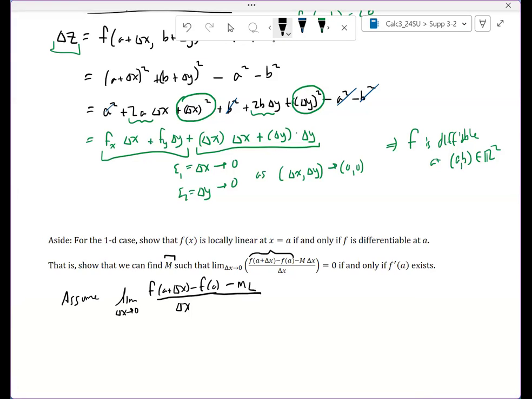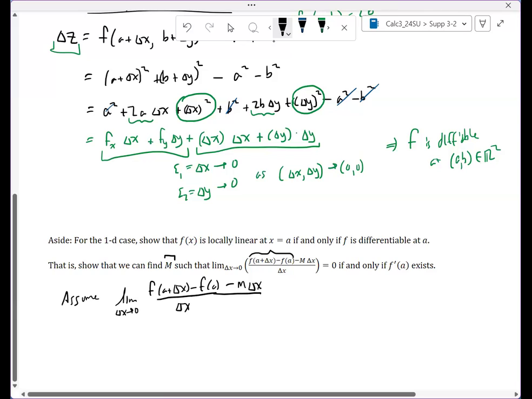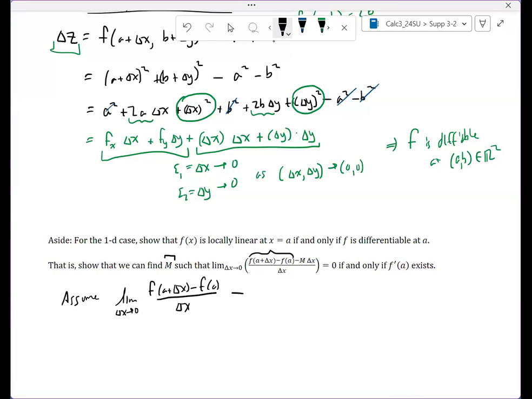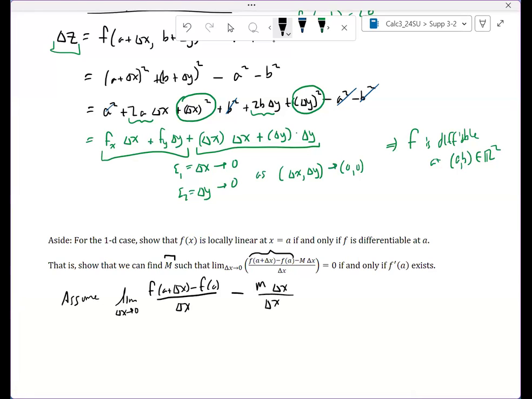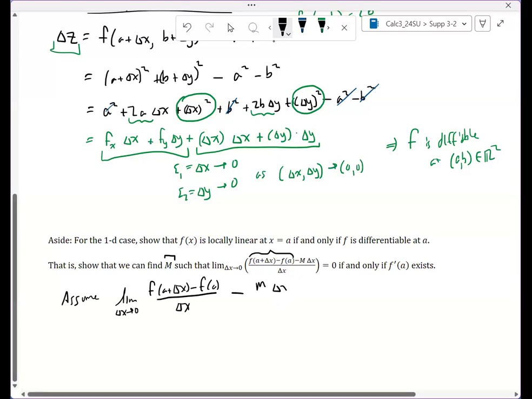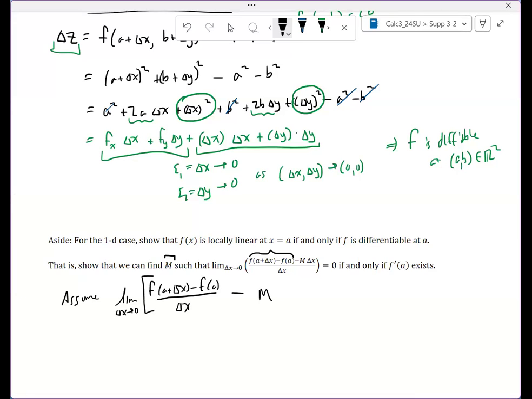I do notice that if I put minus m delta x on here, I can split this into two fractions, minus m delta x over delta x. And of course, the delta x's divide out. Keep in mind, delta x is going to 0, delta x is not 0, so we can safely divide those out, and we just get a minus m.